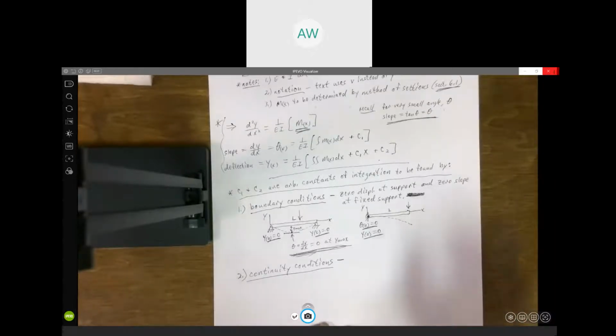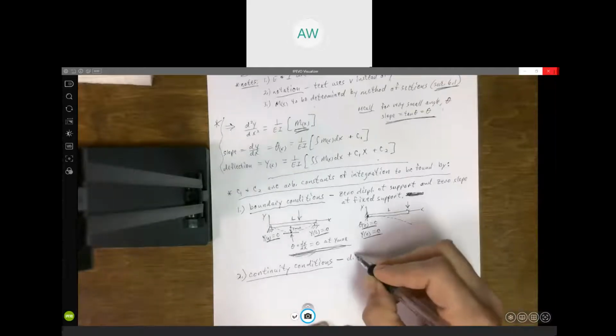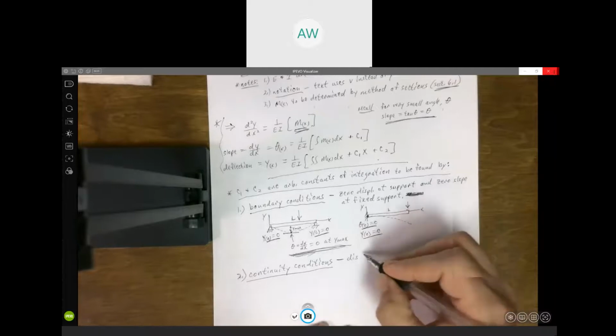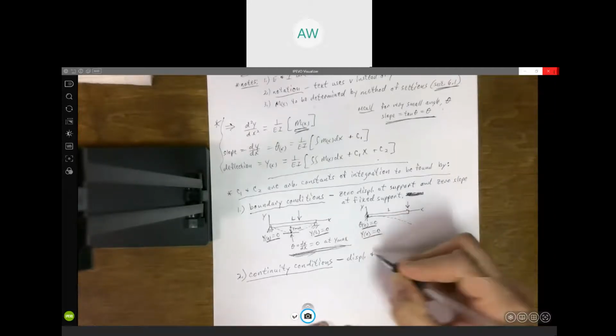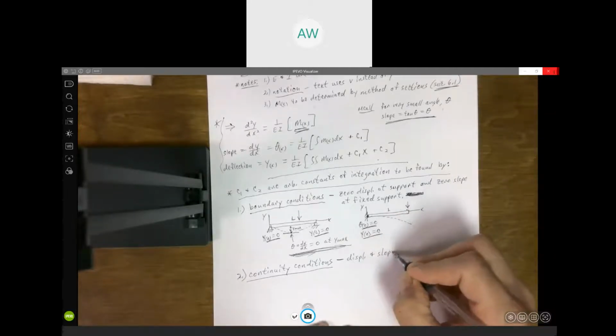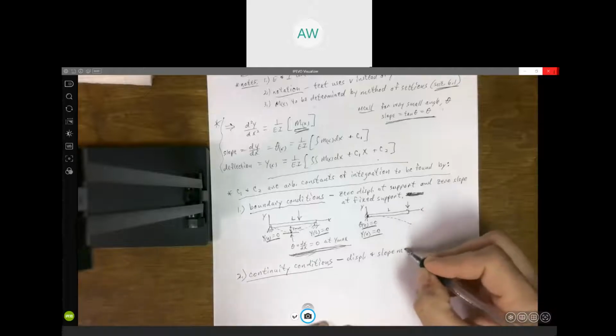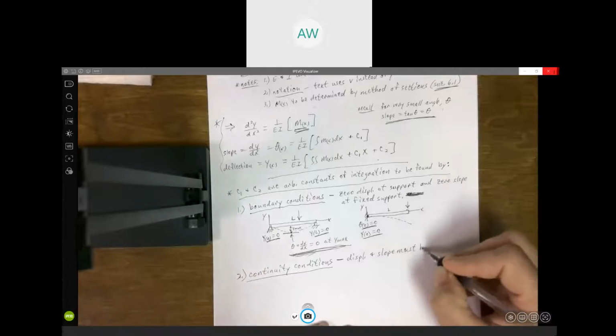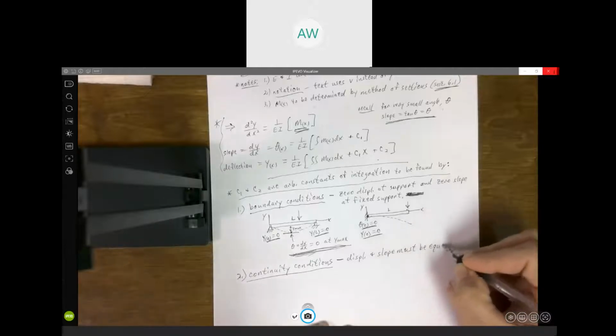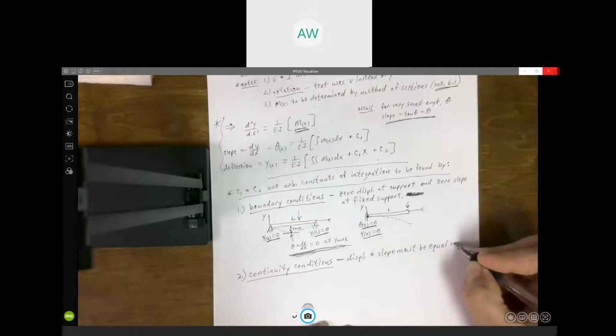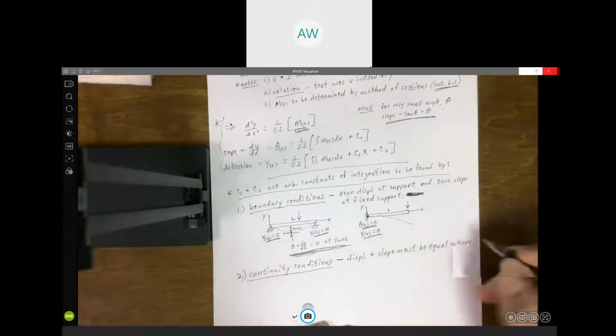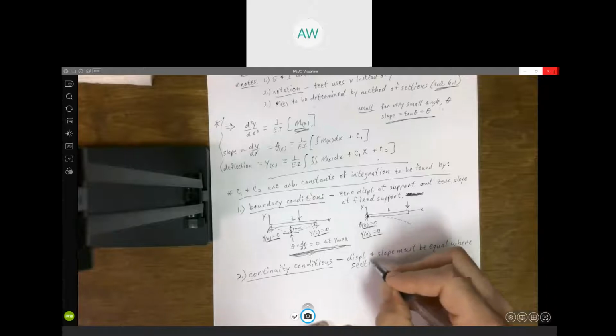But where those two equations meet have to give you the same values, right? Because it's a continuous beam. It's one nice smooth curve. So the displacement and slope must be equal where these different sections meet.